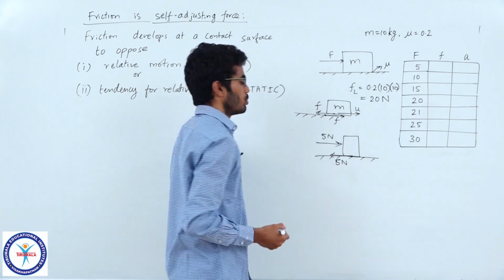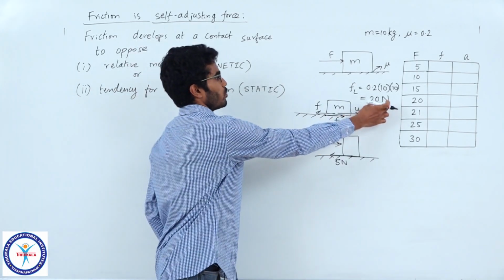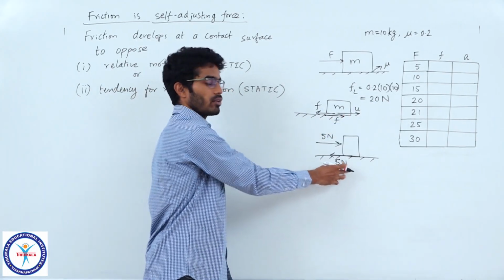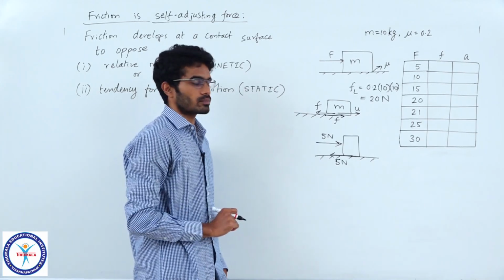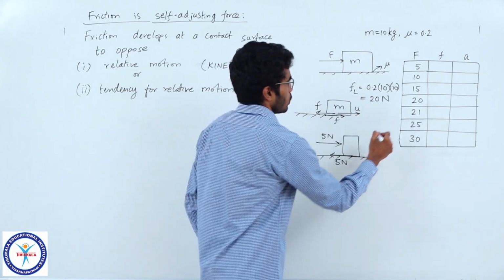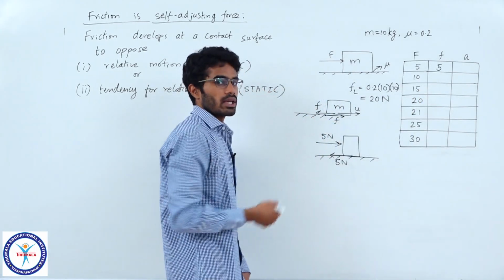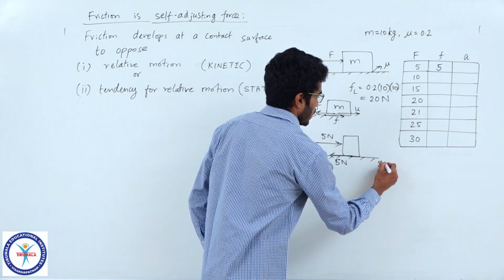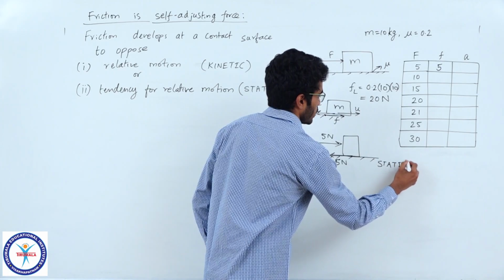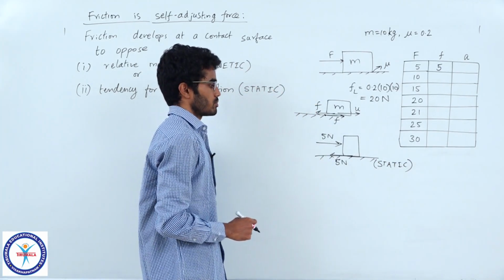The friction developed will be only 5 newtons. It is well under the limit 20 newtons, it can provide 5 newtons, so it will only provide 5 newtons just to stop the block. So, let us fill the table. The friction acting will be 5, but in opposite direction. And can you identify, is it static or kinetic? It is static in nature, because there is only tendency of relative motion.